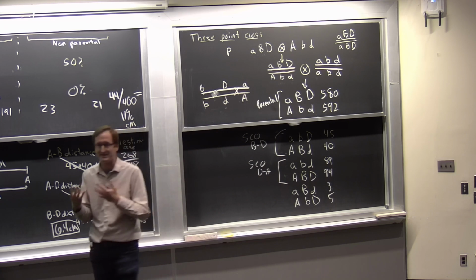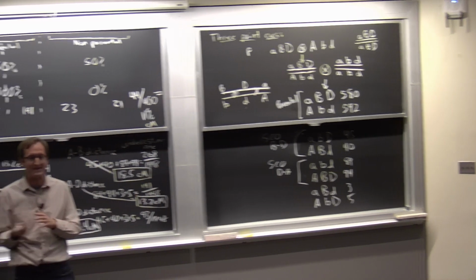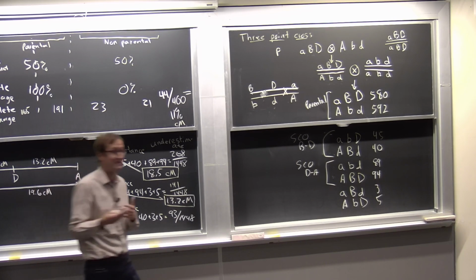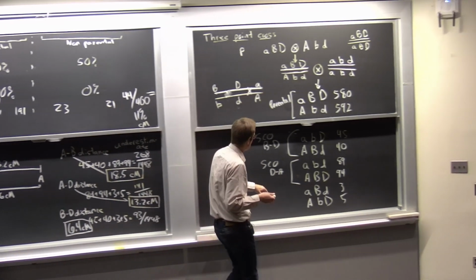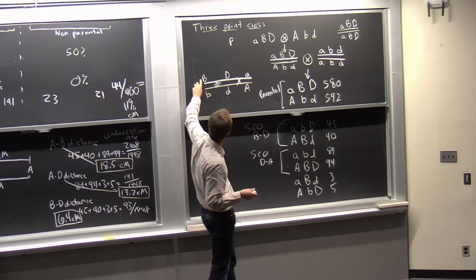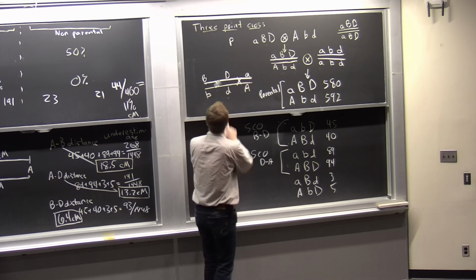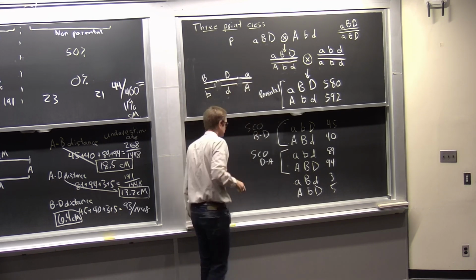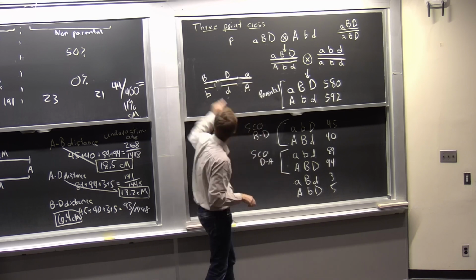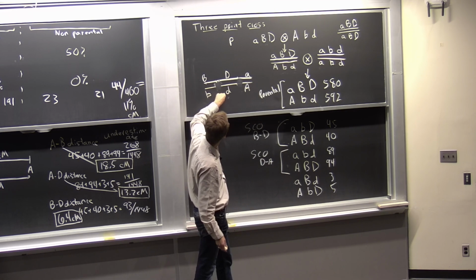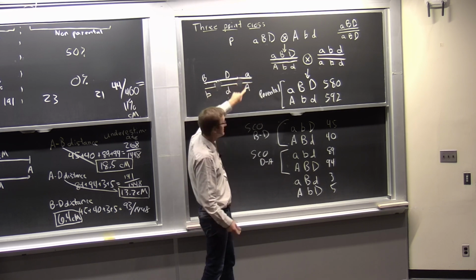Now these last couple classes of progeny are interesting in that they're the least frequent class. And so when we consider how they're generated, we'll start with uppercase B, lowercase d, lowercase a, okay?